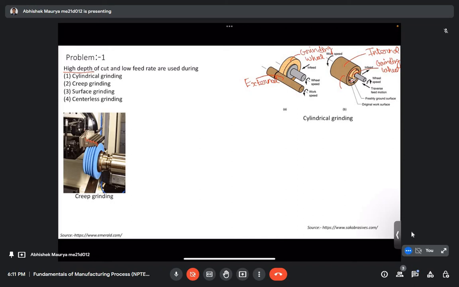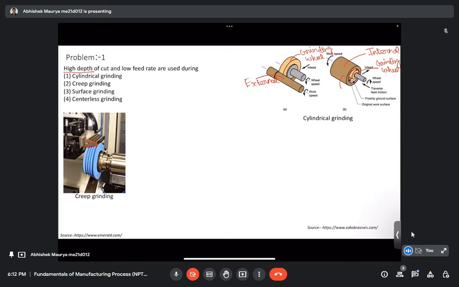So that's why we have to give high depth of cut, and since we are giving very high depth of cut, therefore we cannot go for very high feed rate, because grinding is a very heat intensive process. Lots of heat gets produced. So if we are providing high depth of cut, we have to give very small feed rate, and we are creating this profile just in one go.